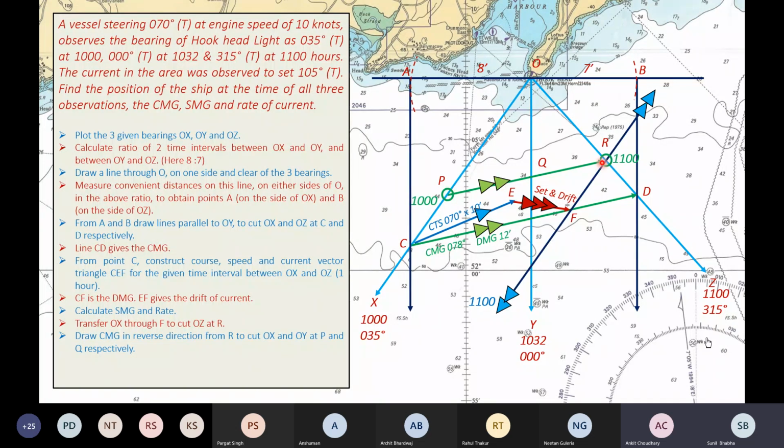The course made good line which we have drawn in reverse from our 1100 fix cuts the bearing at 1032, the OY bearing line at this particular point. Let's name this point as Q, and this marks the position of the ship at the time of the middle bearing, that is at 1032.